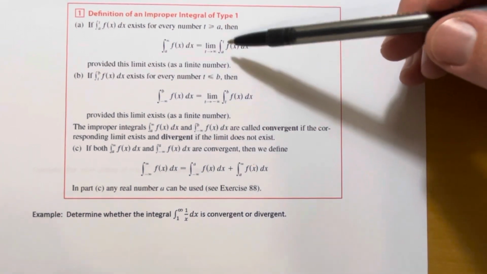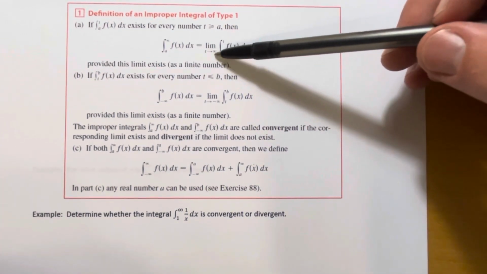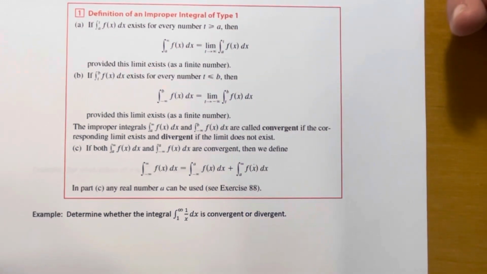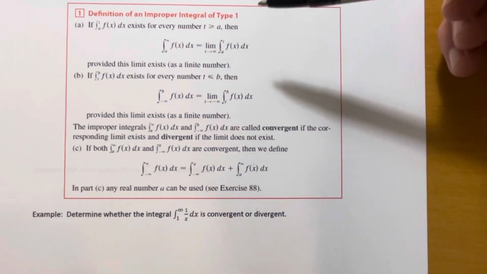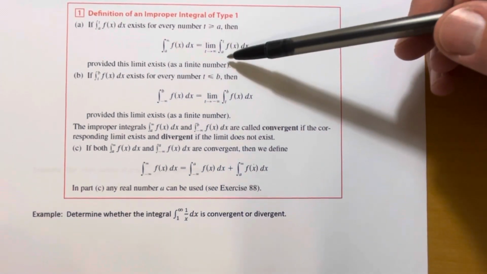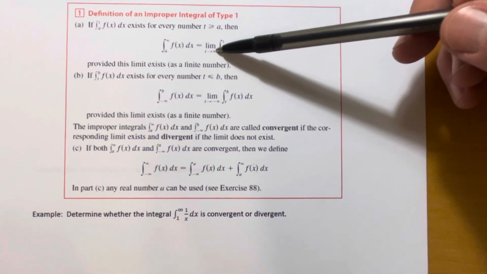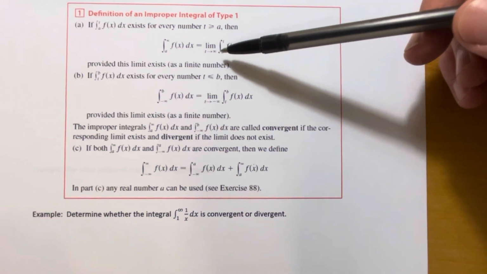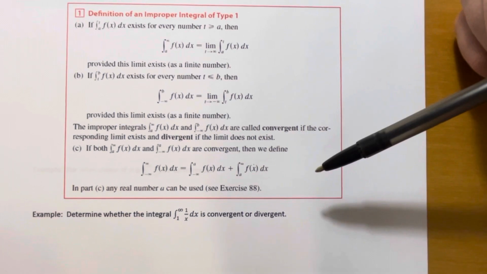If you remember from Calculus 1, when you first learn about taking limits as something approaches infinity, there are lots of cases where those limits fail to exist, either because they go to infinity or they have some sort of oscillating behavior. If this integral leads to a limit like this and that limit does not exist, we say that the improper integral is divergent.